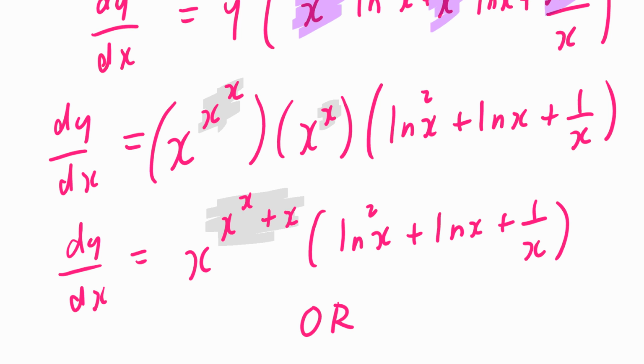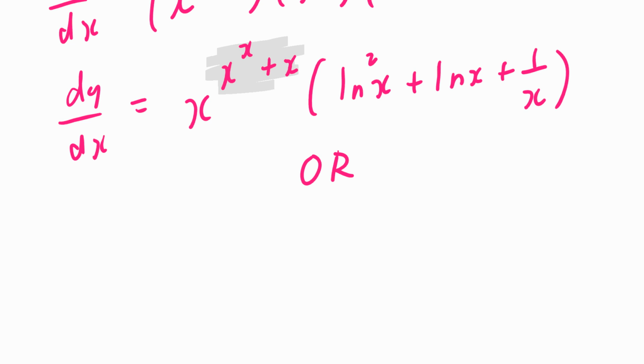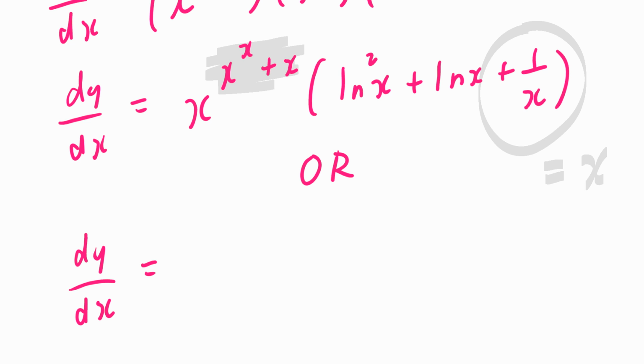Or if you want to factor a little bit more, and this depends on the textbook, depends on the teacher sometimes, you can factor 1 divided by x to the front. Remember, 1 divided by x is the same as x to the power of negative 1.